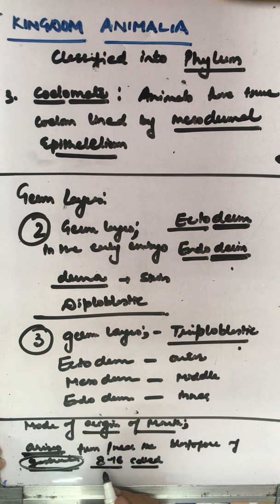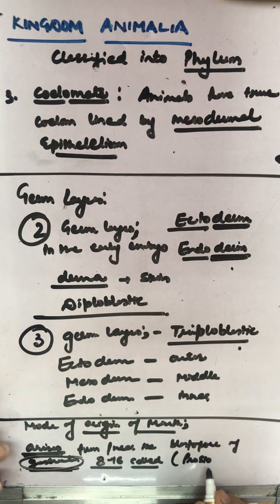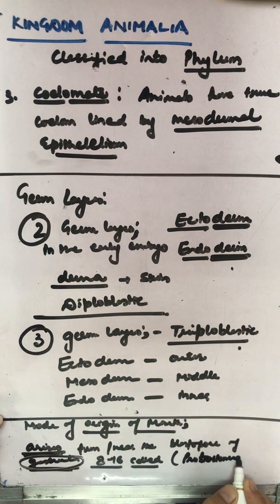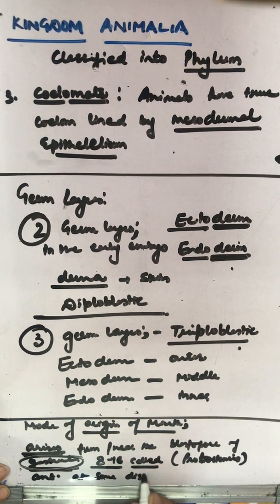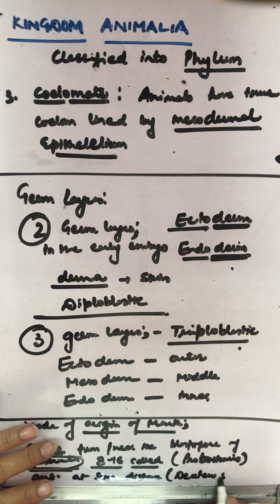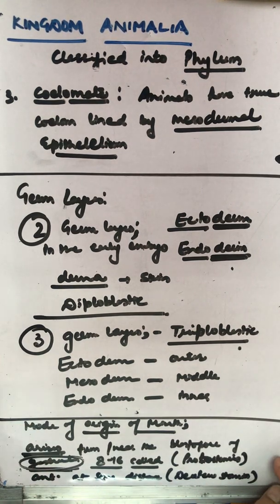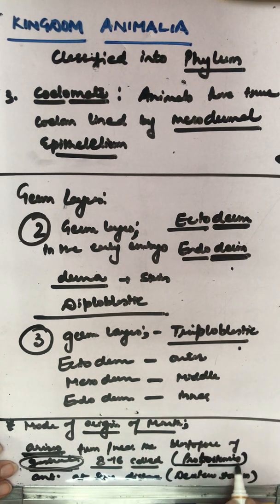And here we are talking about the origin of mouth. If it is near the blastopore of the gastrula, we call it protostomia. If it arises anterior to it, at some distance, we call it deuterostomia. It's not a compulsory basic point for you. This is an exception. If it arises from the blastopore, we call it protostomia. If not, at some distance, deuterostomia.